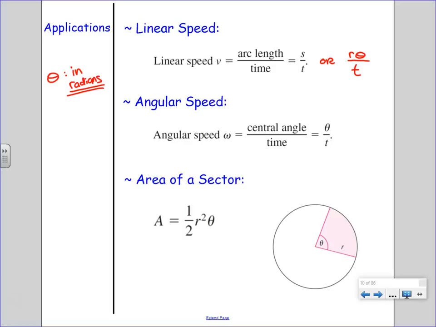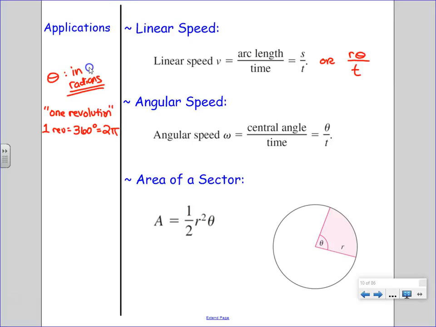One quick hint, just because you might see this wording in homework, if you see something like 1 revolution, that is equal to 360 degrees, but since we're trying to get into radians, it's equal to 2 pi radians. 1 revolution is 1 time around the circle. Just a quick little hint in case you see it. 1 revolution is equal to 360 degrees or 2 pi, just in case you need to convert.